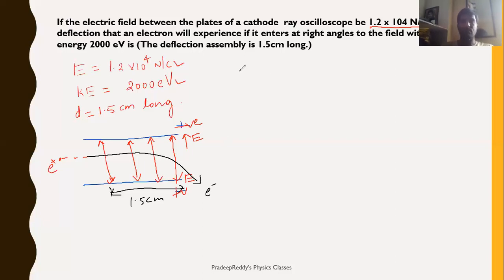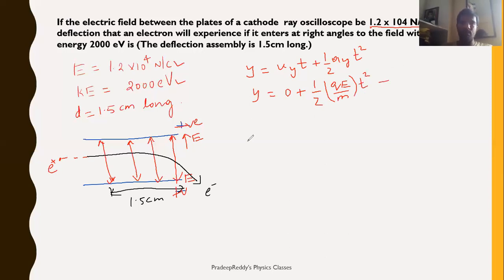As we know, distance traveled is equal to uy into t plus half into ay t square. This gives you y is equal to, however, along y direction it is 0. Velocity along y direction initially is 0. Half into acceleration along y axis, it is q e divided by m into t square.